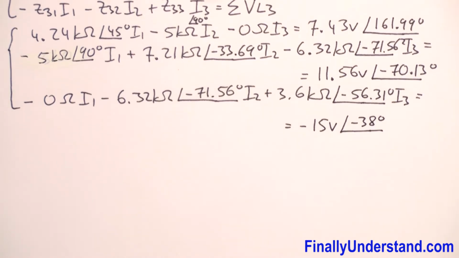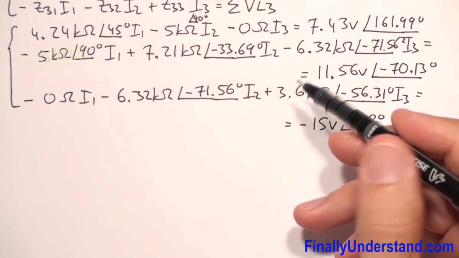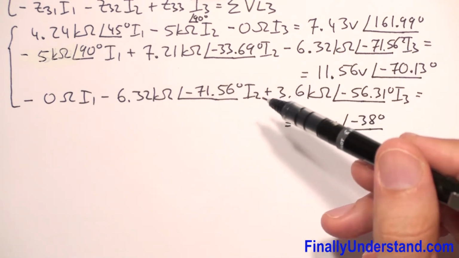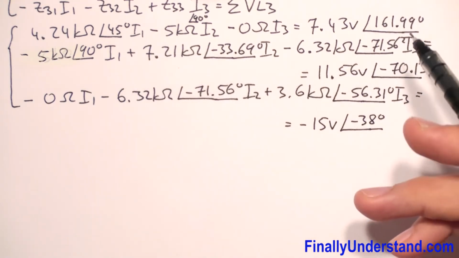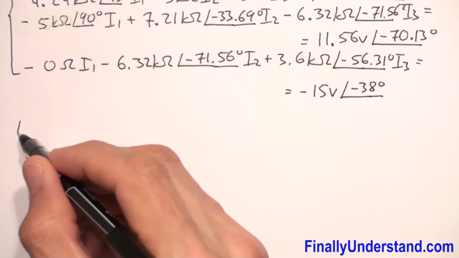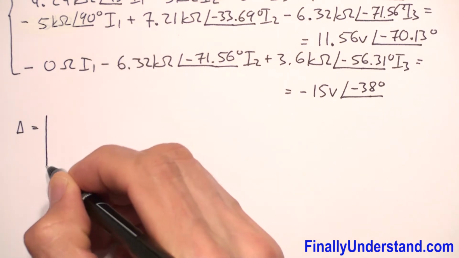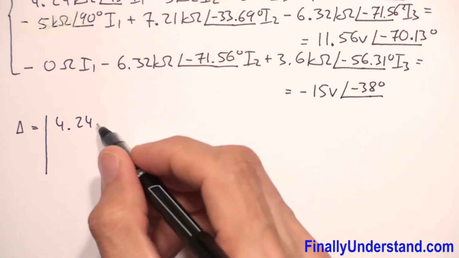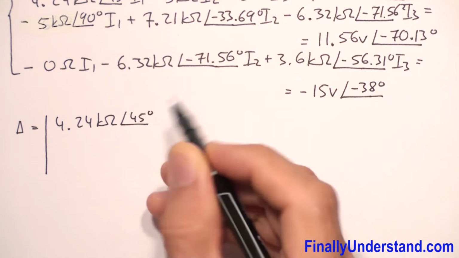Now, because my calculator cannot solve the linear equations with complex numbers, I'm going to use determinants to solve for the values of I1, I2, and I3. So first I'm going to find delta. Delta is going to be equal to 4.24 kiloohms and angle of 45 degrees.